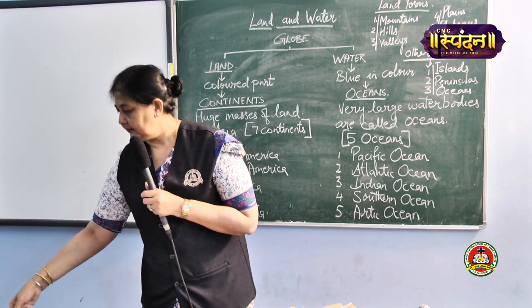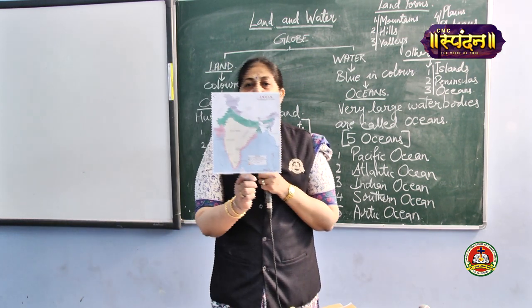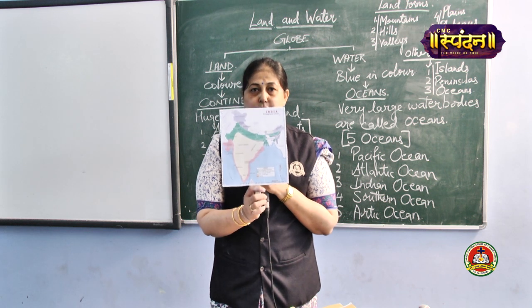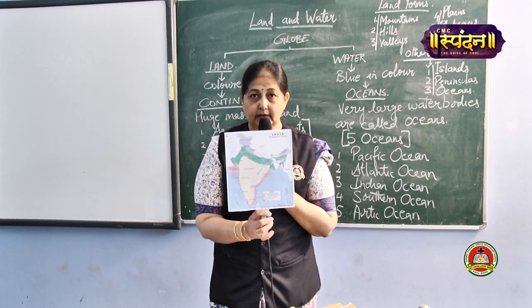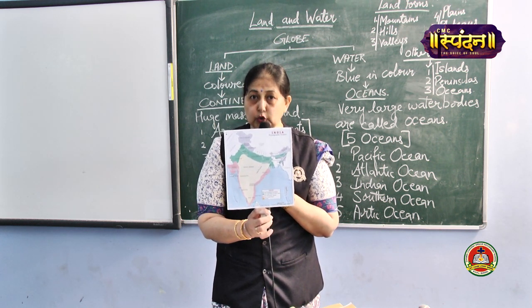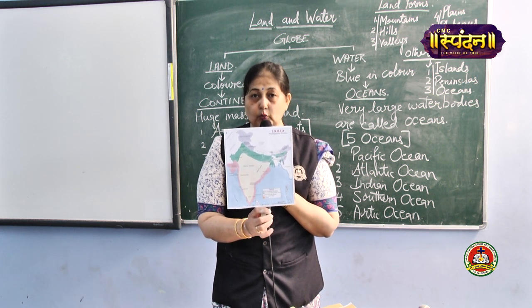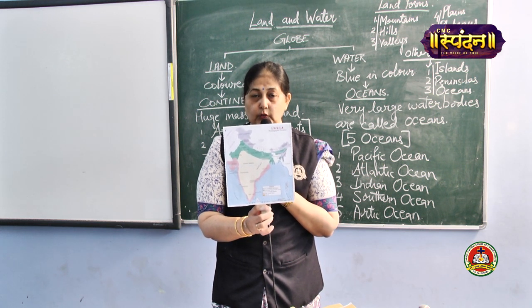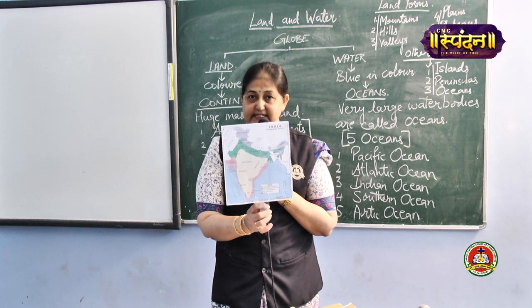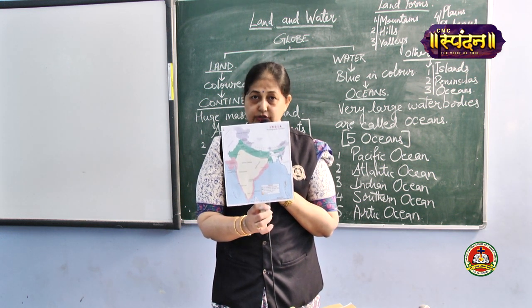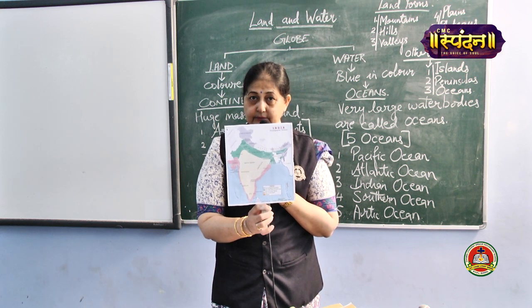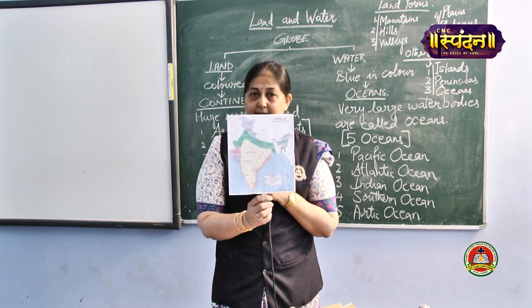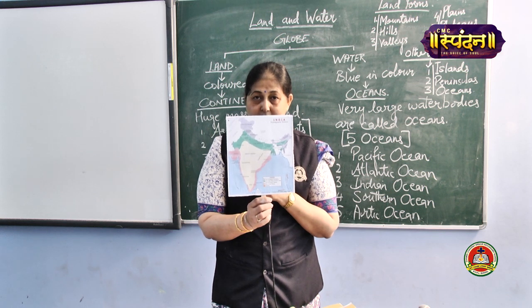Then, children, here in this map, can you see the pink area? The pink area happens to be the coastal plains. What are coastal plains, children? Which are surrounded by ocean, sea or water bodies are called coastal plains, right? India at the bottom has got Indian Ocean.